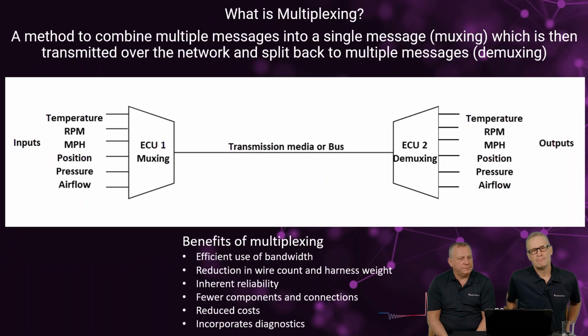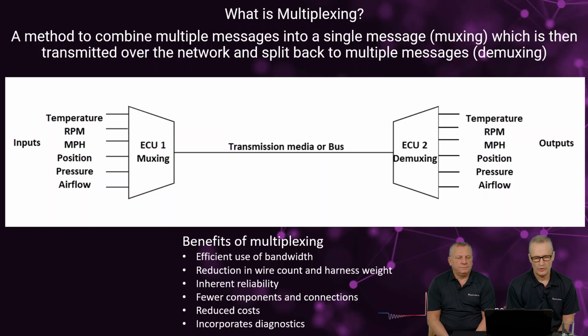A term that comes up is multiplexing, a method to combine multiple messages into a single message. That's called muxing, which is then transmitted over the network and split back into multiple messages, so demuxing. So here, if we think of ECU1 that has all these inputs, we could connect temperature to temperature by a wire.